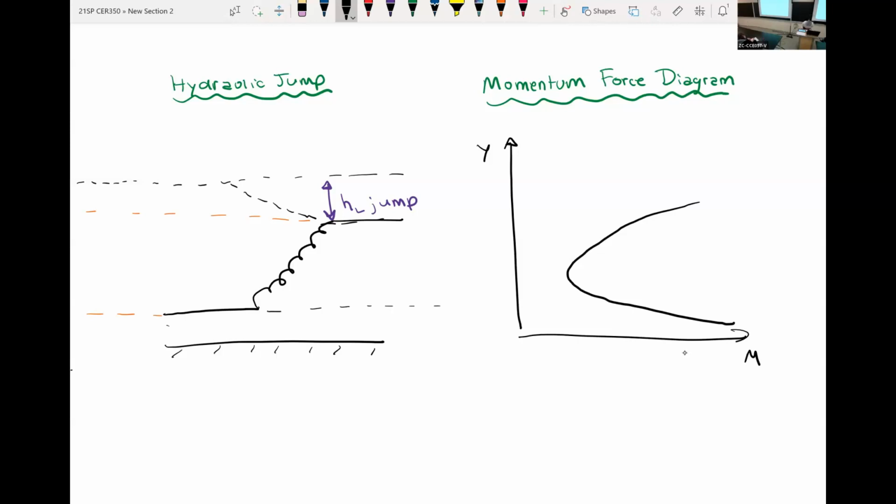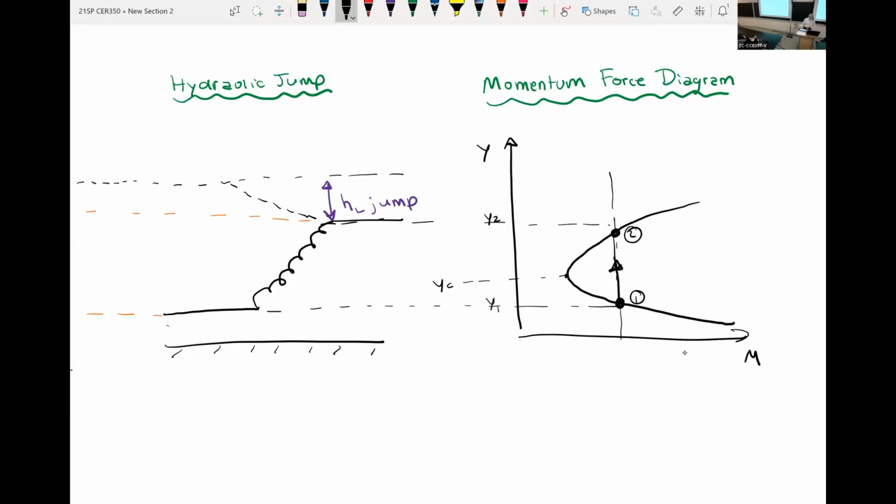And in your momentum diagram, you do go right from M1 to M2 when you're traveling through the hydraulic jump. Got Y1, Y2, Y critical, right in the middle here.